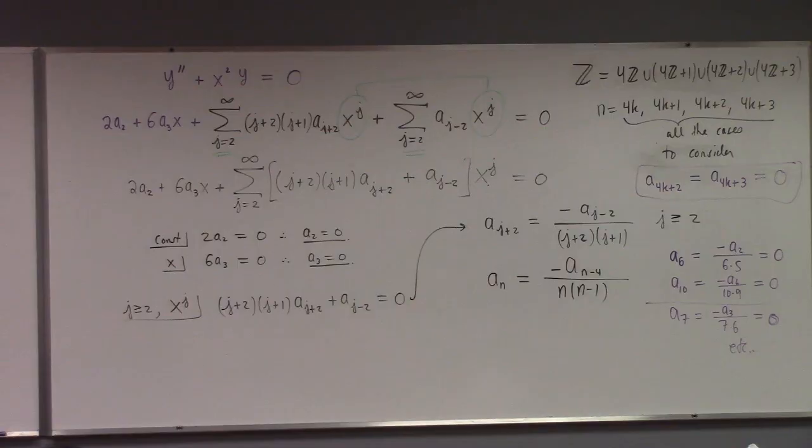And so let's look at the case n equals 4k. We'll put k equals 1. We have a sub 4 is equal to minus a sub 0 divided by 4 times 3.